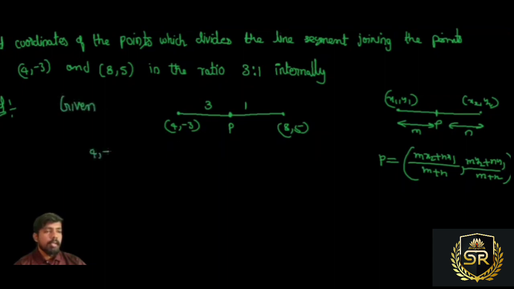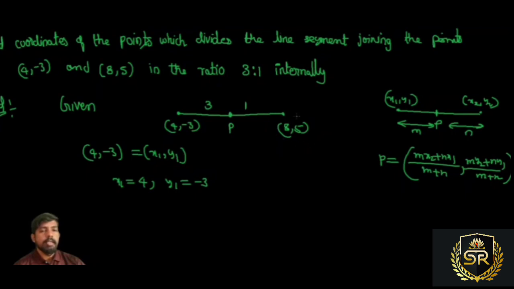The given point (4, minus 3) is (x1, y1). Comparing, in the place of x1 we can write 4, and in the place of y1 we write minus 3.